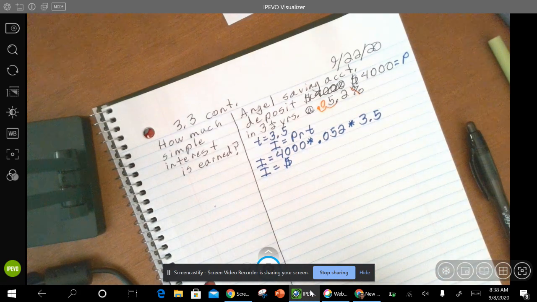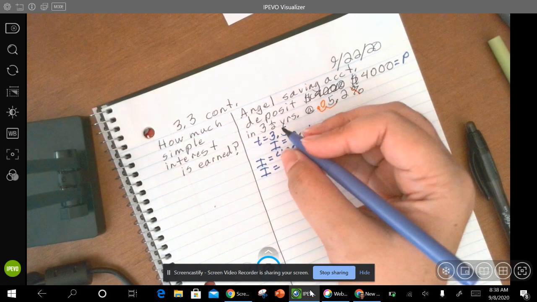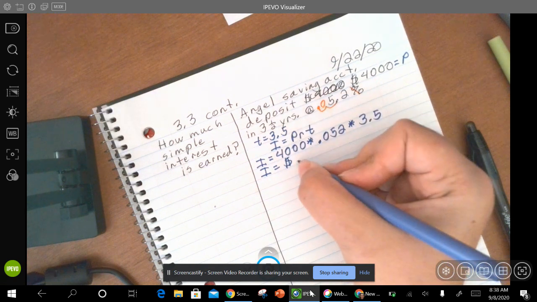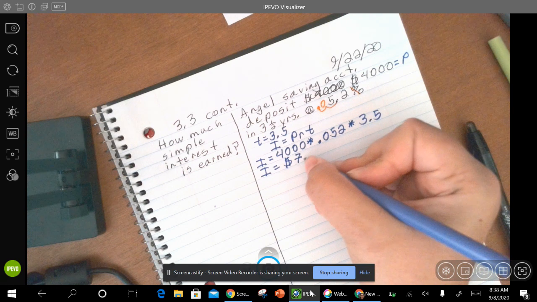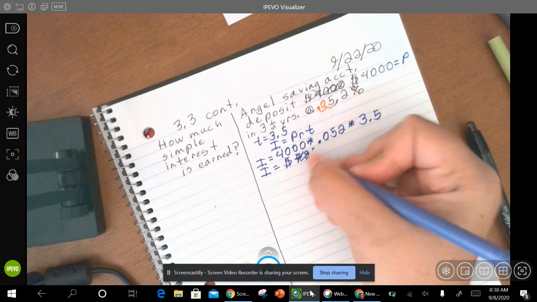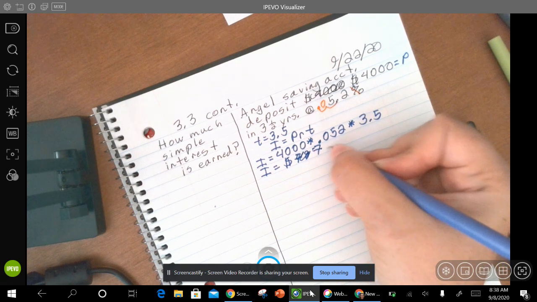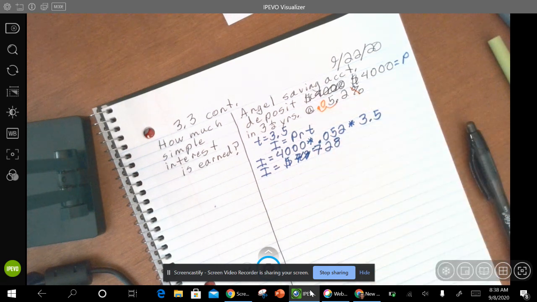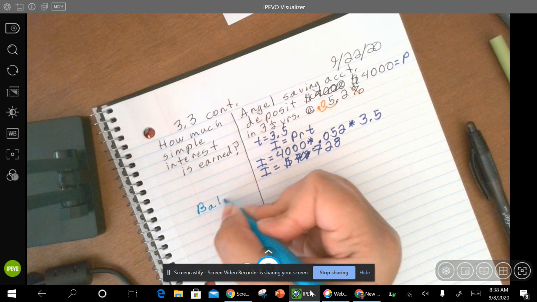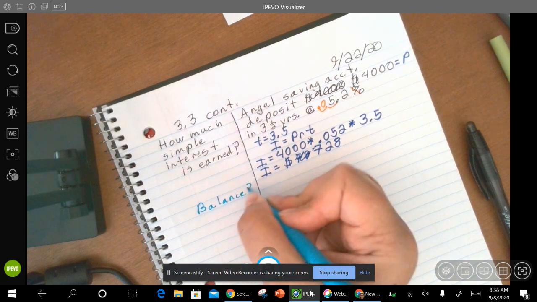So go ahead and check your answers, everybody. Pause this. You should have gotten $728. And then we want to know the balance. So how much money does Angel have in his account?